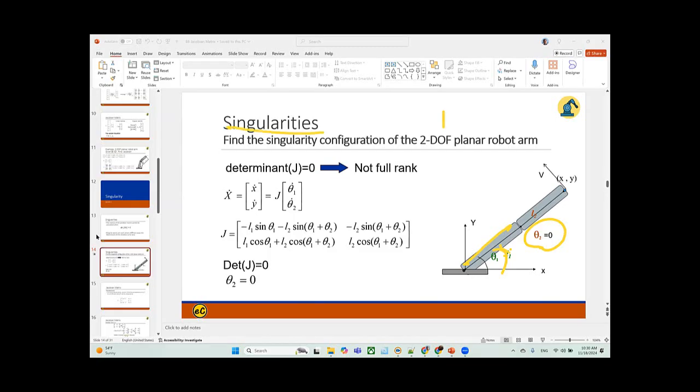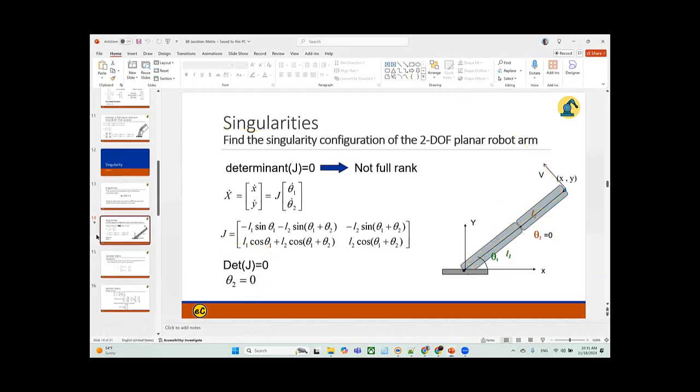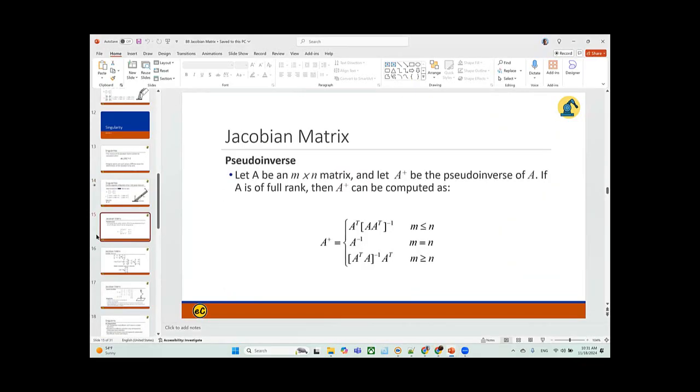You lose 1 degree of freedom, because you fix your θ2 to be 0. In that case, here it doesn't bend. You only rotate this way. So the whole workspace is a circle. Okay, it's a circle. So that actually is losing 1 degree of freedom.